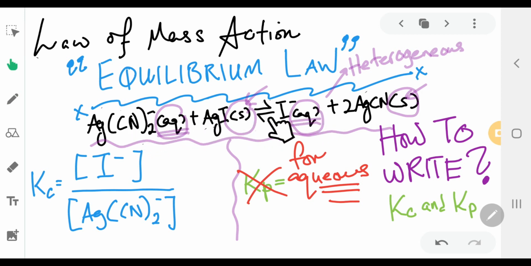You are not involving any gas, no gas. So you do not have to write your Kp. There is no Kp expression for this because it has aqueous. Okay, you do not have gas, and right here, right there, they are solid.